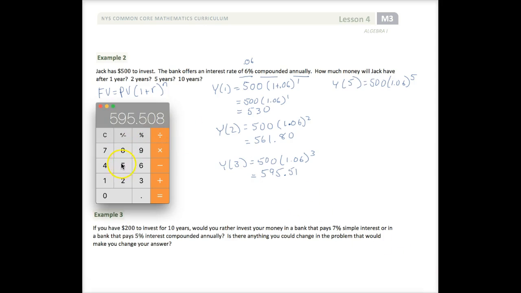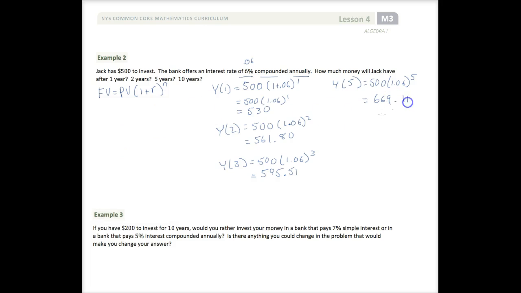So I'm going to go back to the beginning. 500 times, and now we've got to do this 5 times. 1.06. 1, 2, 3, 4, 5. 669 and 11, the 2 doesn't round up, so 0.11.